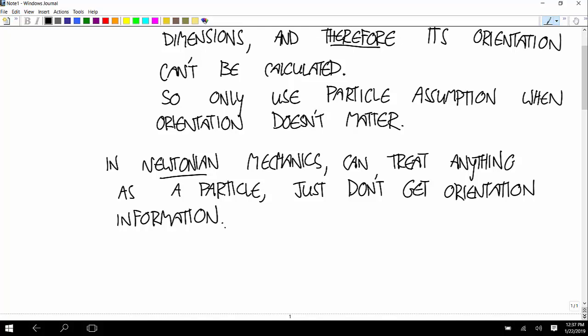But if you're doing an energy approach, if the thing has significant rotational energy, which usually just comes along with having a significant mass moment of inertia, then you have to take that into account.